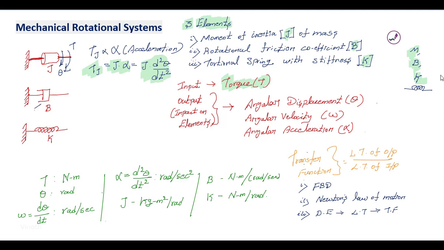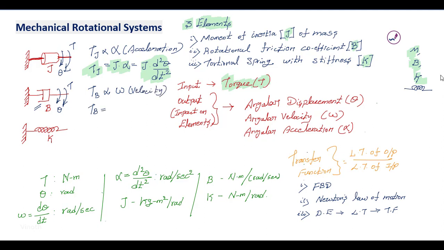Next, damping is represented by a dashpot with a viscous friction coefficient B. Whenever an external torque is applied to the damper element, it is opposed by the damping torque. The angular displacement is in the direction where the torque is applied, and the opposing torque at the damper element is directly proportional to the angular velocity omega.